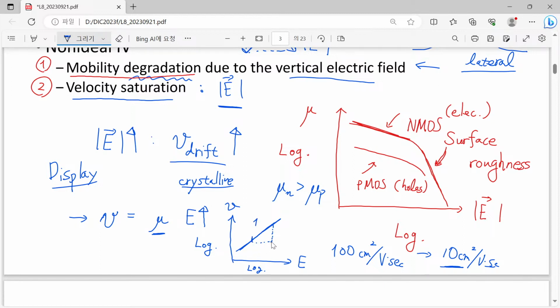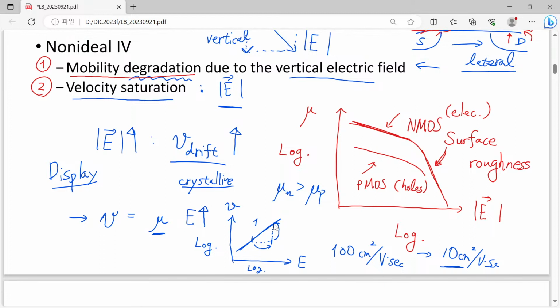When the electric field is increased by a factor of 10, then velocity will also increase by a factor of 10. One-to-one relations in this log scale.